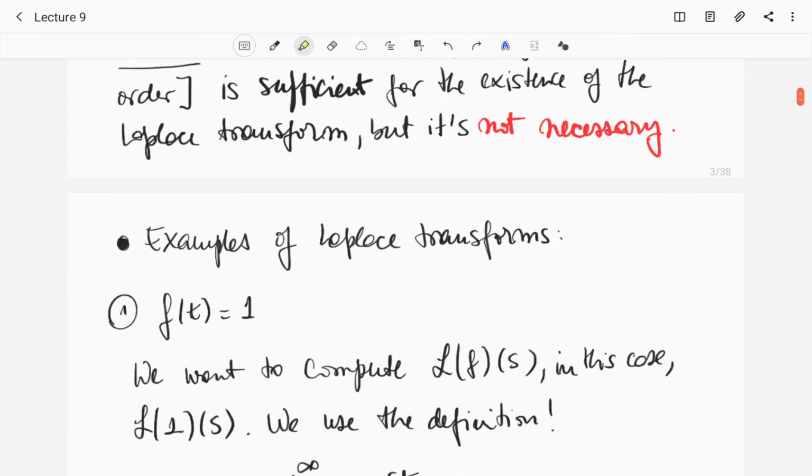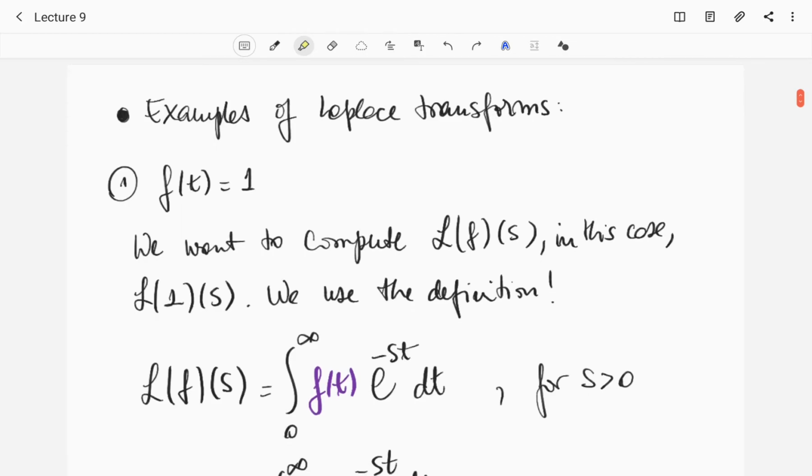Let's continue then. So far we only checked the definition of a function being of exponential order, but let's now compute some Laplace transforms. We are not going to check if they are or not of exponential order, also because we just saw that maybe it's not a necessary condition.